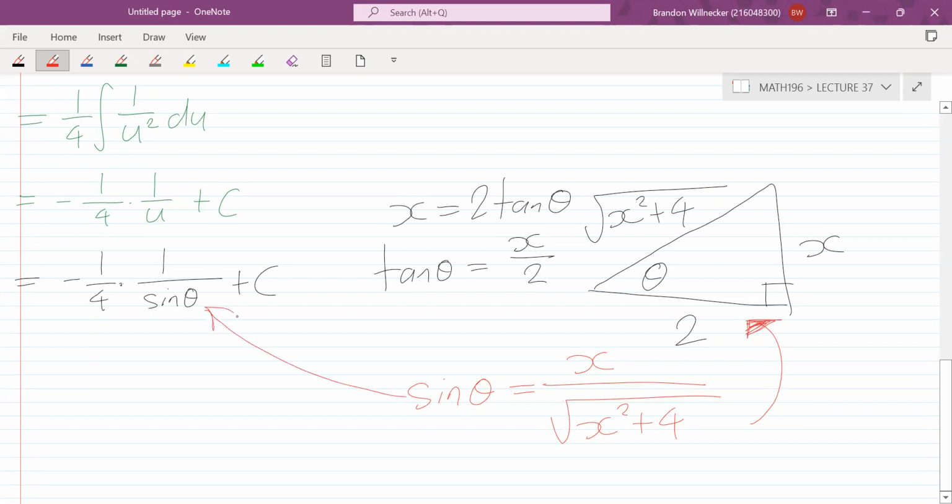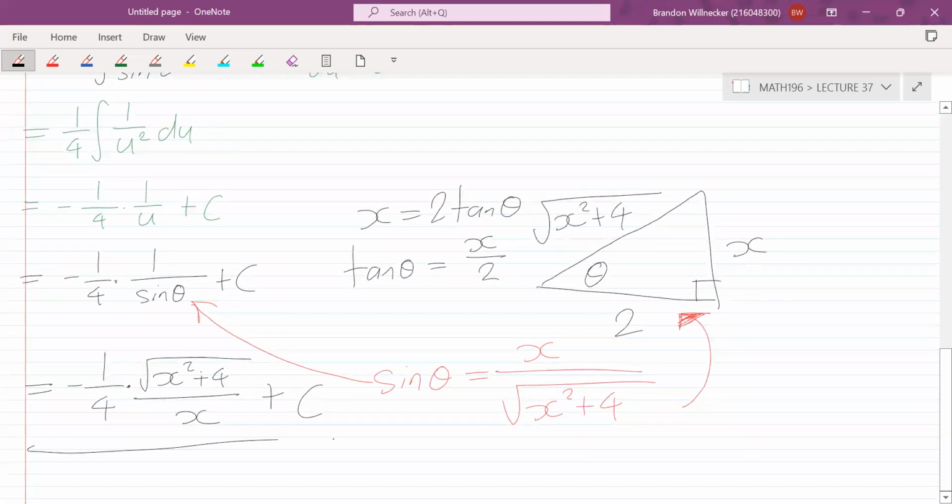We substitute it in, and we get our final answer. So we get minus 1 over 4 times 1 over sine theta. So we flip that around. We get square root of x squared plus 4 over x plus c. Yeah, and that's our final answer.